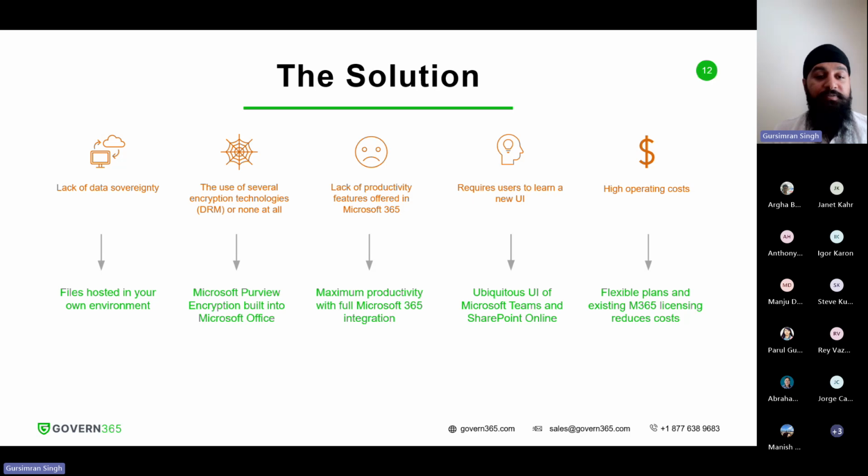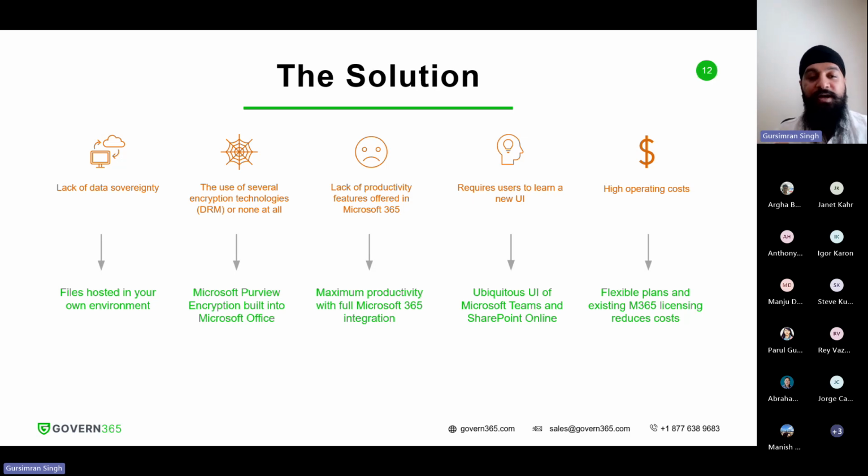Okay. The productivity: having full Microsoft 365 integration is going to be a huge, huge plus point. Like we mentioned, SharePoint Online is the database of choice. So your internal users and your external users both log into the same tenant. The external users can log in using their corporate credentials, and the internal users already have their corporate credentials from the internal side, and they'll be going into the same exact workspaces.